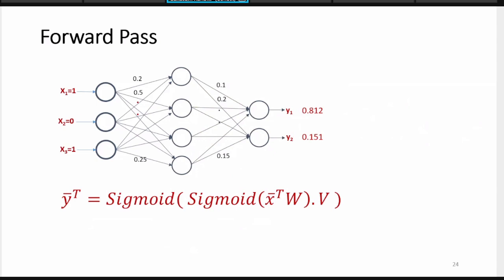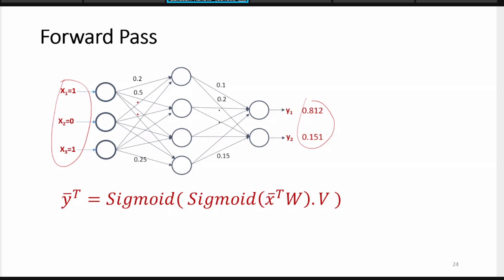Now we know, given an input vector, how you get the output vector. Now the question is, is this output the one that you are expecting? Because you already have your training data set, in which you know that for this given input, I should be getting this output.